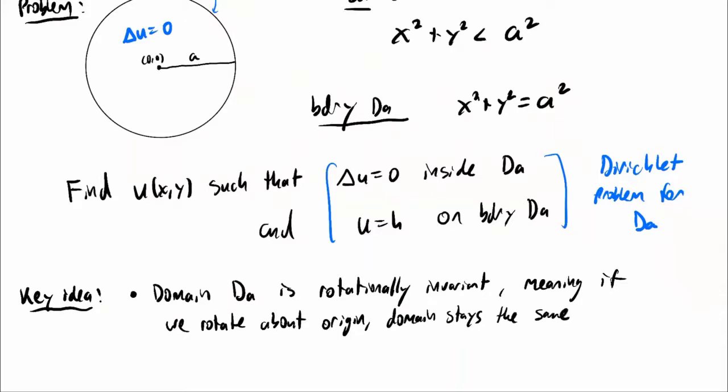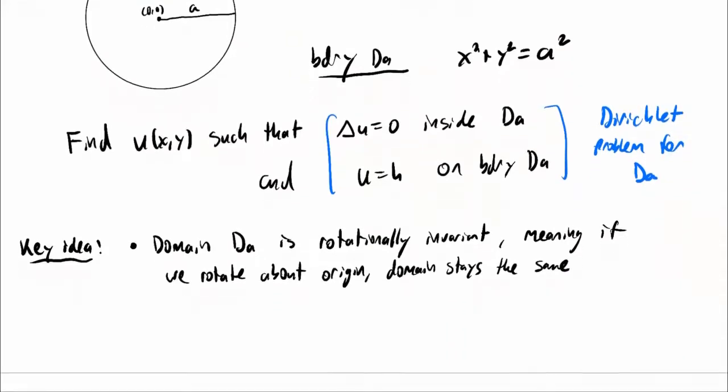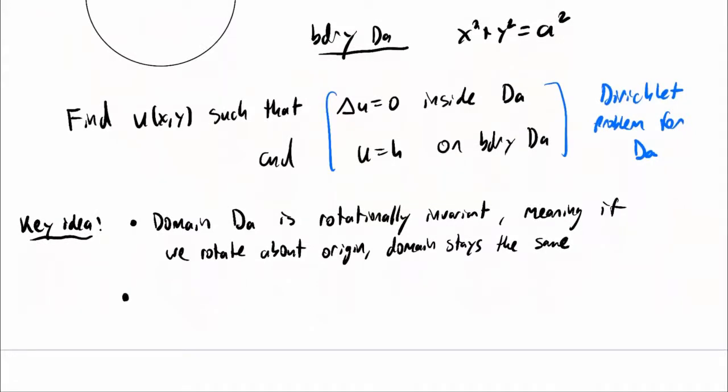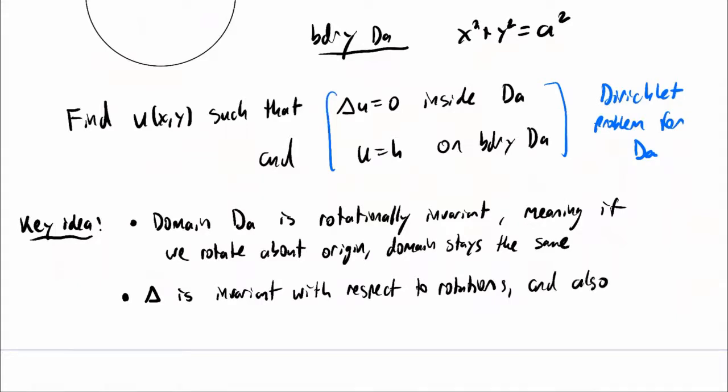This is not true for rectangles, for example, because if you rotate a rectangular domain, it'll look more like a diamond or something like that. We also know that the Laplacian is invariant with respect to rotations, in the sense that we talked about in detail in the last lecture, and it also has a nice formula in terms of polar coordinates.